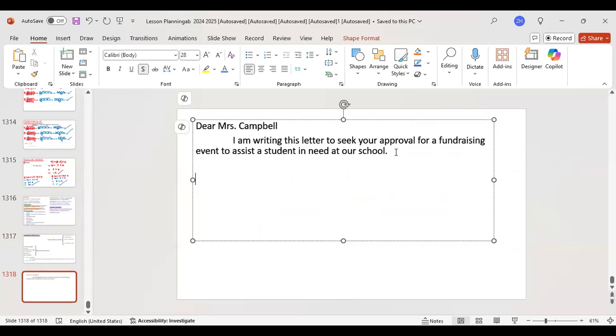What could we have in the body paragraphs? What could we talk about? In our body paragraphs, we have to talk about who the student is. We don't even know who the student is.